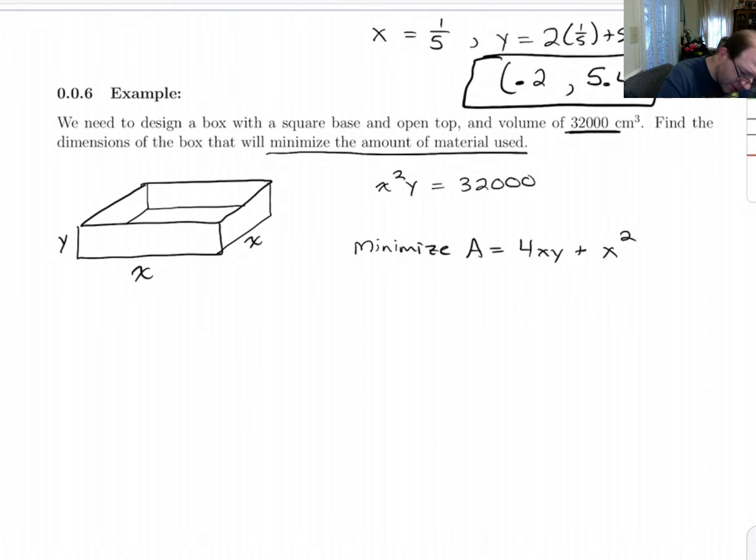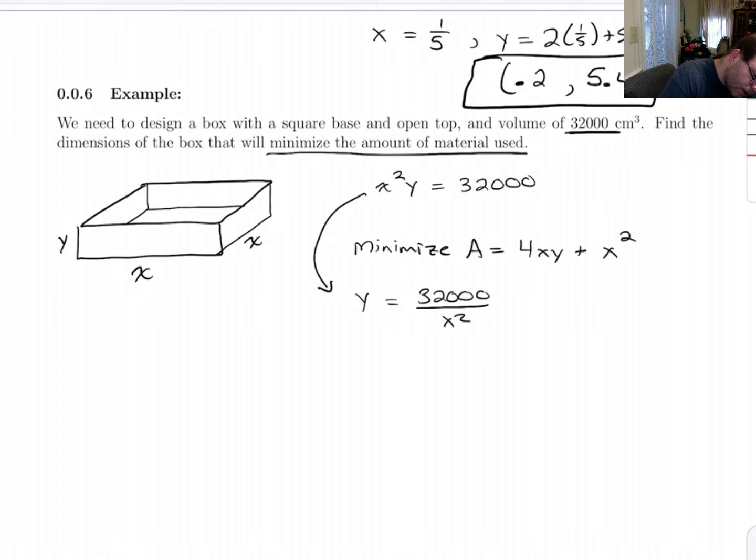So first up, let's get rid of this y so that it's only a function of one variable. We'll do that by taking this, and if you solve that for y, you get y is 32,000 over x squared. So our area is 4x times 32,000 over x squared plus x squared.